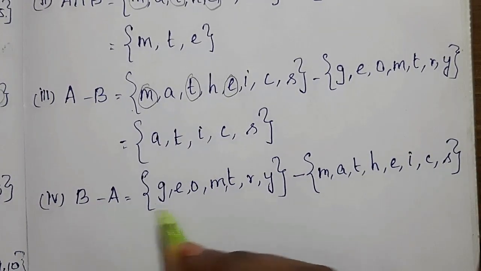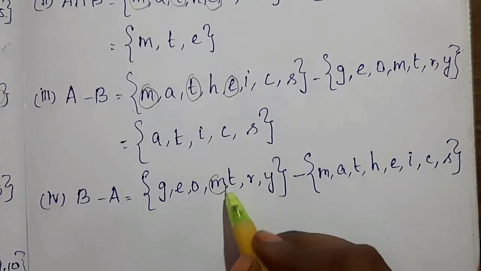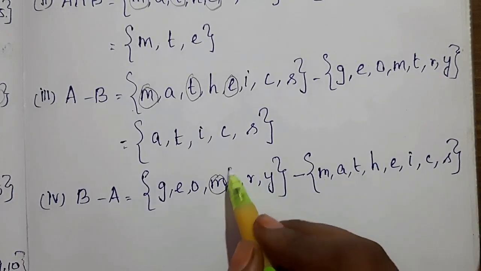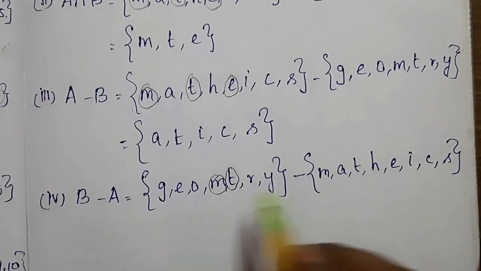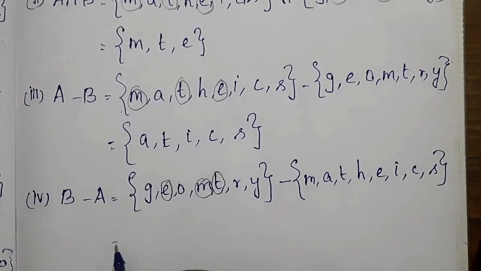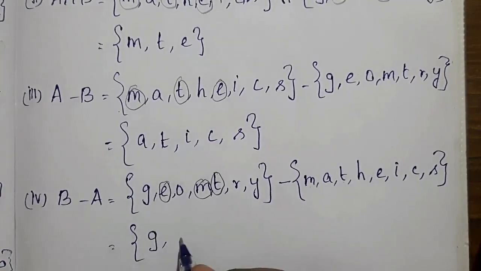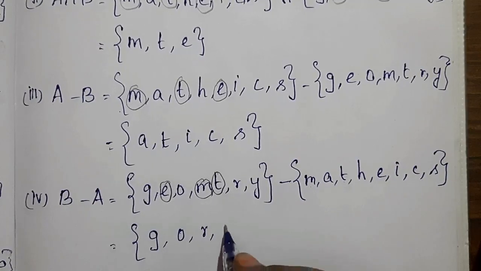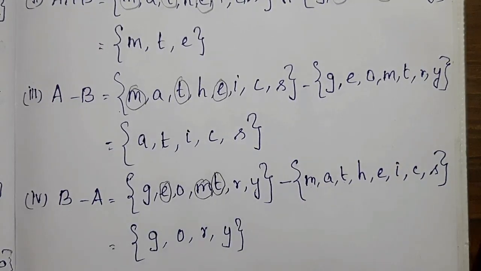What are the A elements here? M, T, E. Okay. So remove these A elements and write the remaining. So the remaining are G, O, R, Y. This is your answer. Okay.